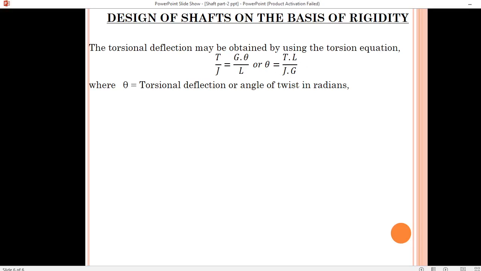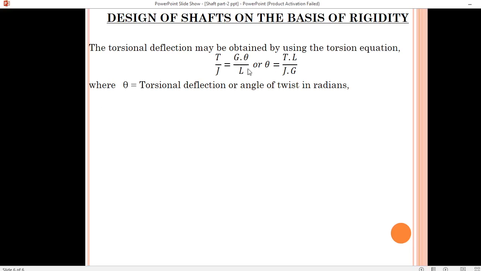For a line shaft, a deflection theta between 2.5 to 3 degrees per meter length may be used as the limiting value. And the widely used deflection of shaft is limited to 1 degree in a length equal to 20 times the diameter of the shaft.